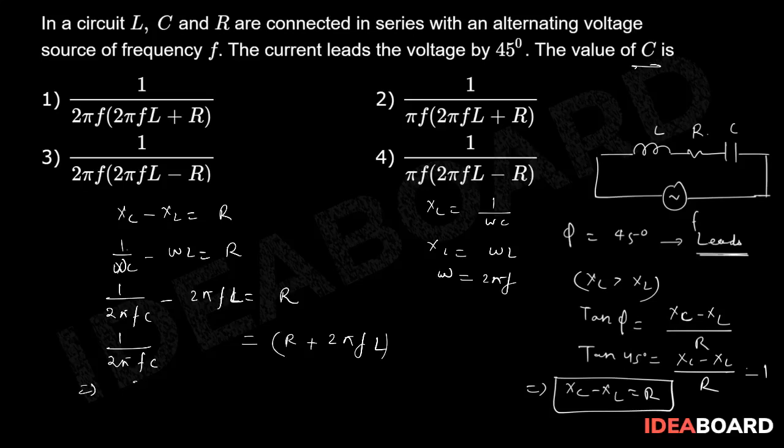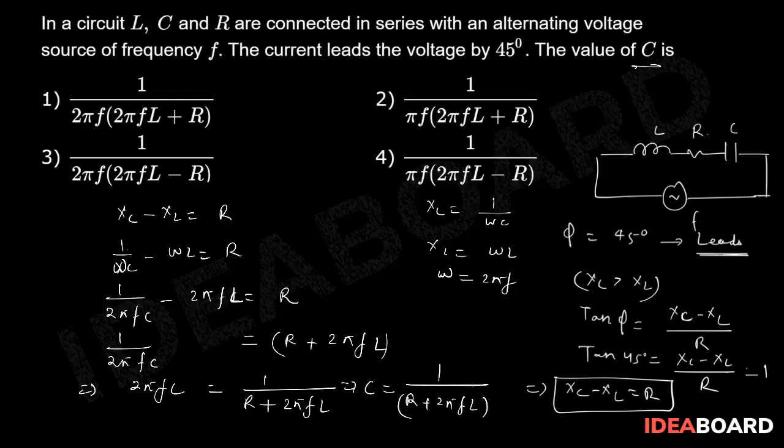Taking the reciprocal, 2 pi f C is equal to 1 upon R plus 2 pi f L, and the value of C comes out to be 1 upon (R plus 2 pi f L) into 2 pi f. So this has to be the right choice.